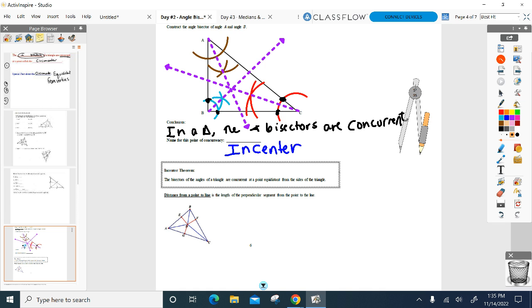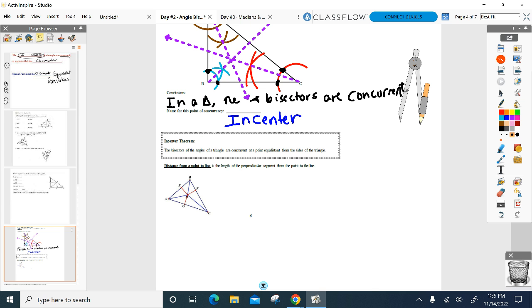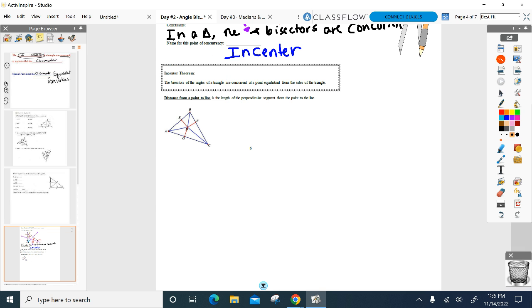Questions? All right, so now you know how they're formed by the angle bisectors: incenter. Special fact time. Special fact about the incenter. And I'll write it right underneath this diagram.